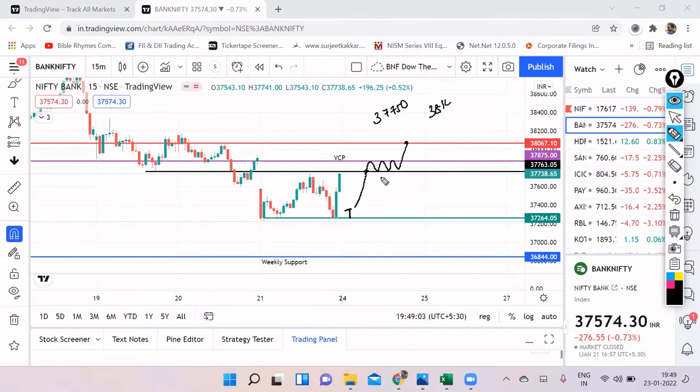Okay, and the second thing is, 37,800 is going to be a resistance. So this level is still a resistance.